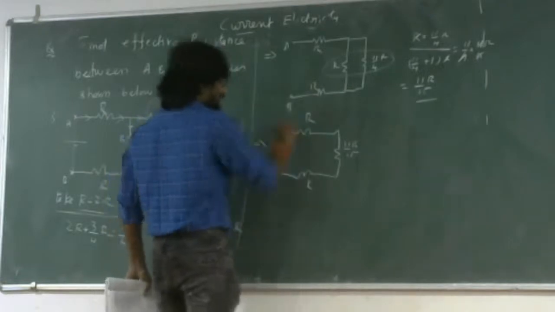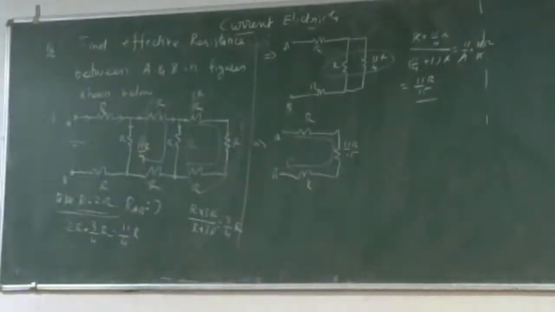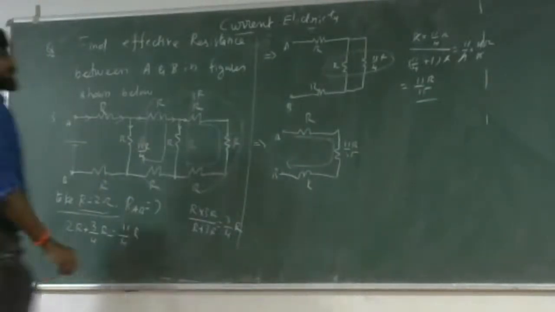So the sum of these now comes here and simply goes here. So all these three are in series. What is the effective value? R plus R, 2R, plus 11 R by 15.